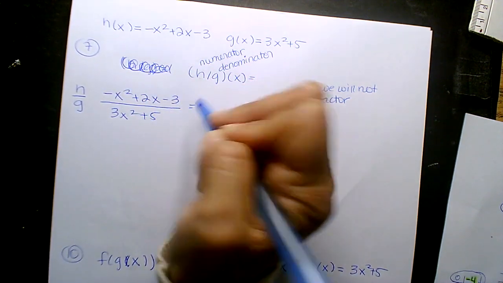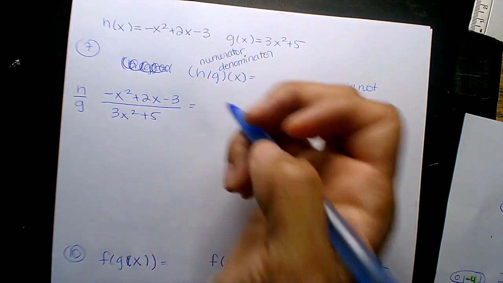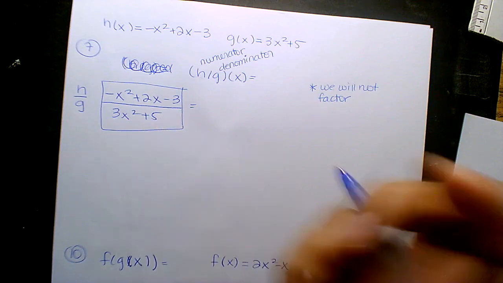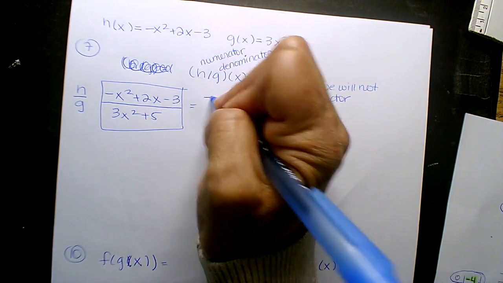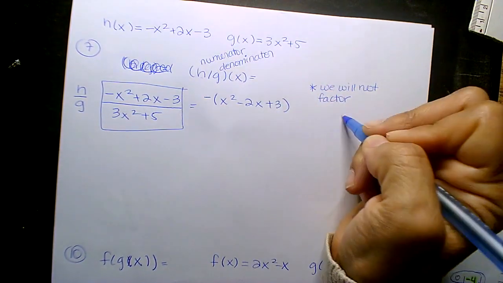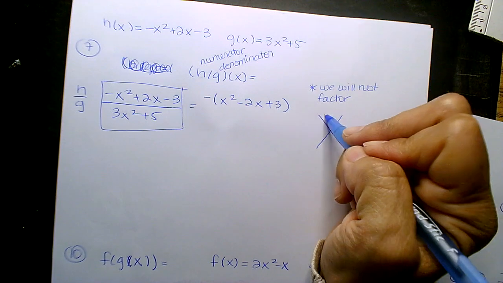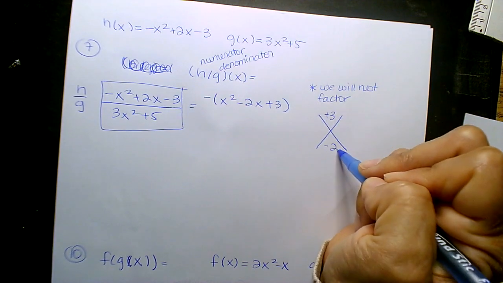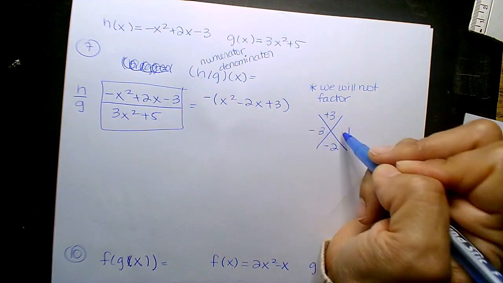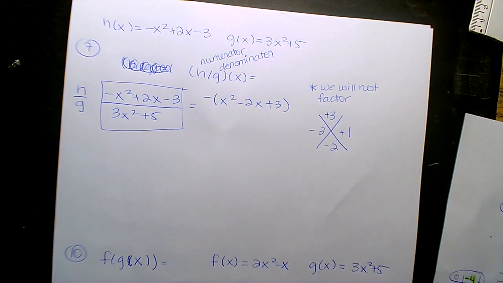And eventually you're going to get to rational functions, and you're going to end up simplifying this down, which means if you were going to factor, you would take out that x squared, and then you guys would know, okay, what two numbers multiply to positive 3 but add up to negative 2? You would go 3, 1. This is negative, this is positive. You guys remember that?